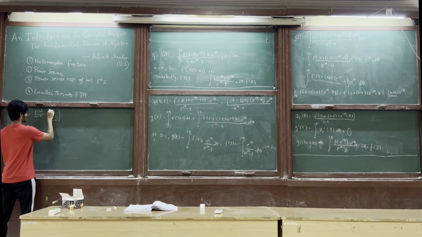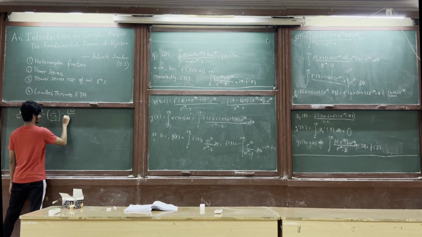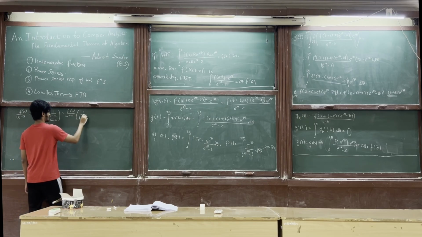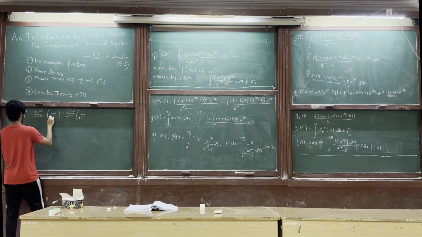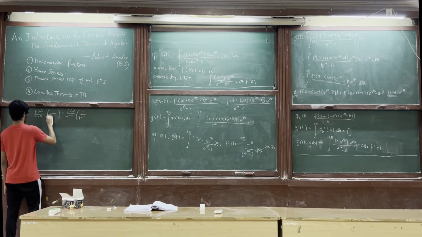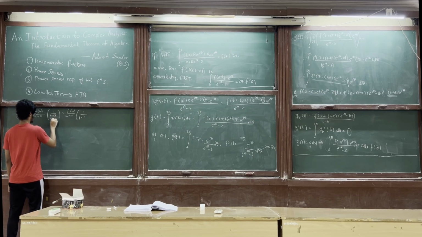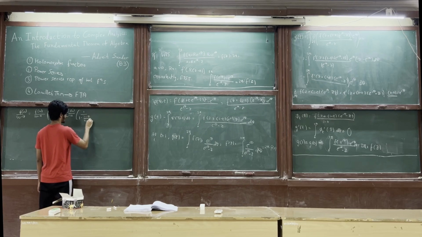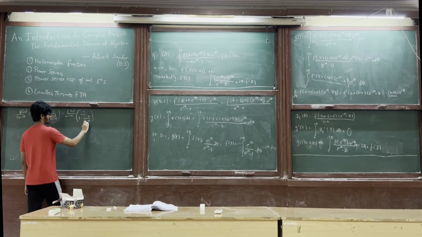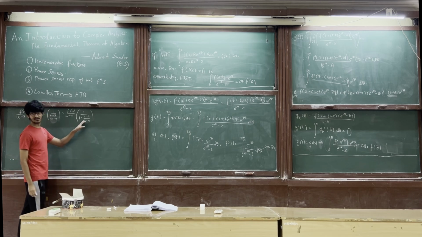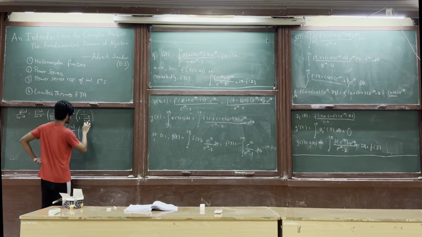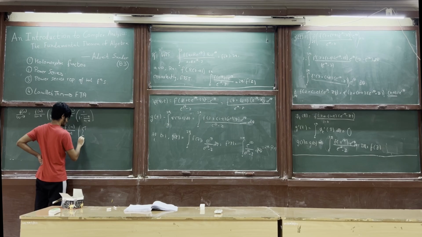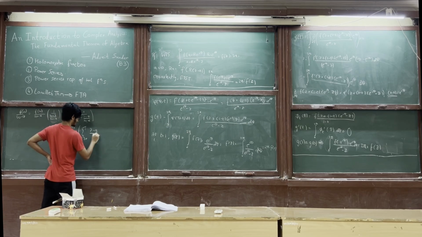w minus a, 1 minus... This you should be able to recognize as the limit of the sum over a GP.